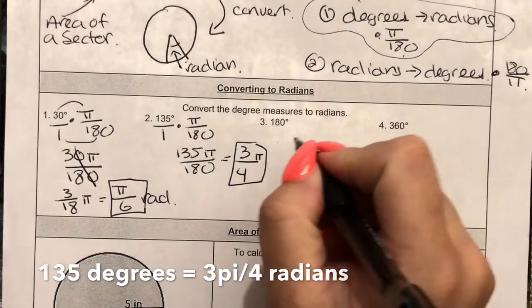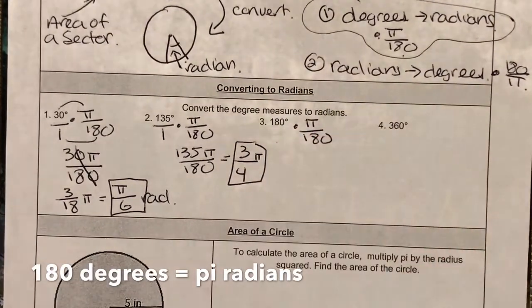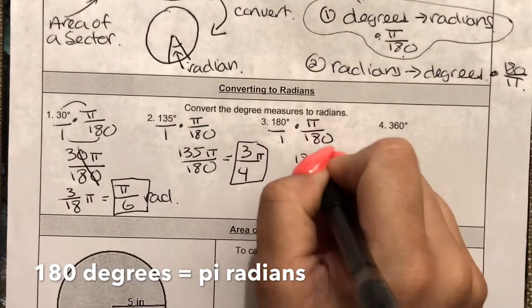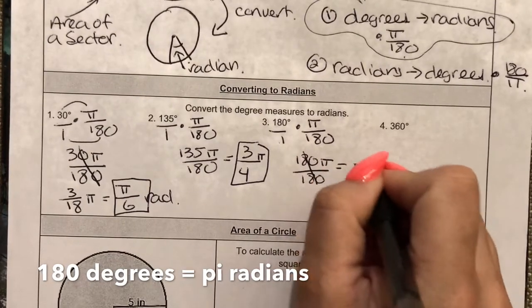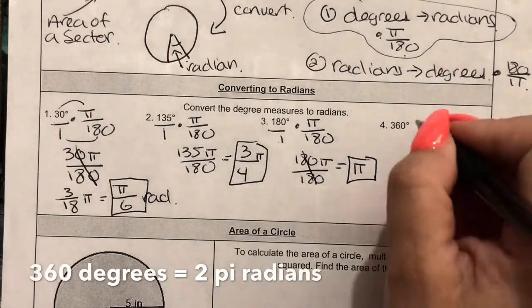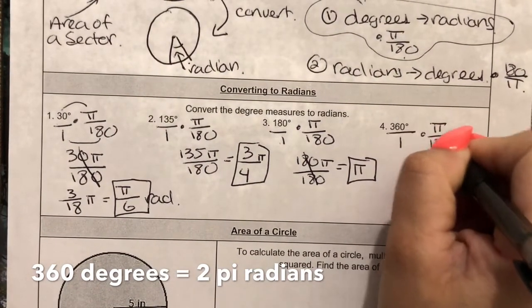Going to do the same thing with 180 degrees. I'm going to convert it to radians by multiplying by pi over 180. I end up with 180 pi over 180, which cancels out to be just pi. And last but not least, I have 360 degrees converted to radians.